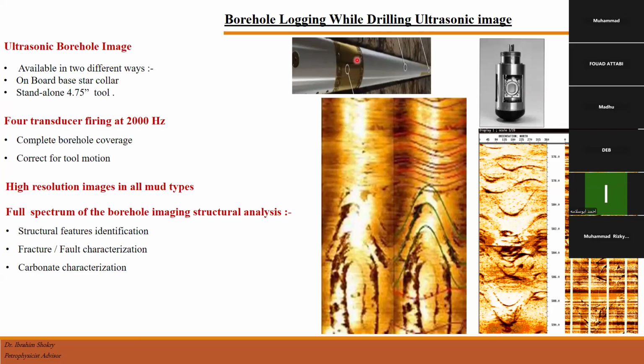The tool emits high frequency sound waves pulsed from a rotating transducer. This sound wave hits the borehole wall and then reflects back to the tool. By analyzing the travel time and the amplitude of each echo, the tool can create 360 images of the borehole surface.